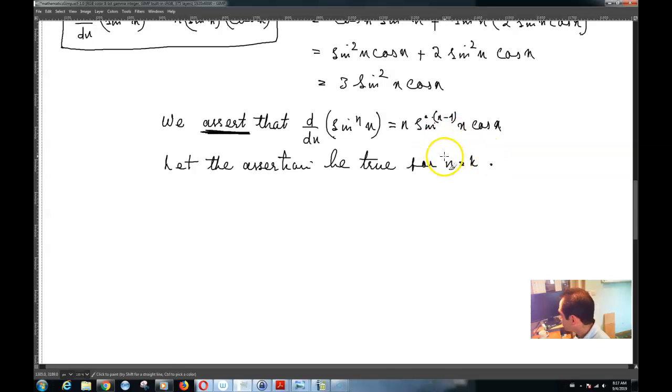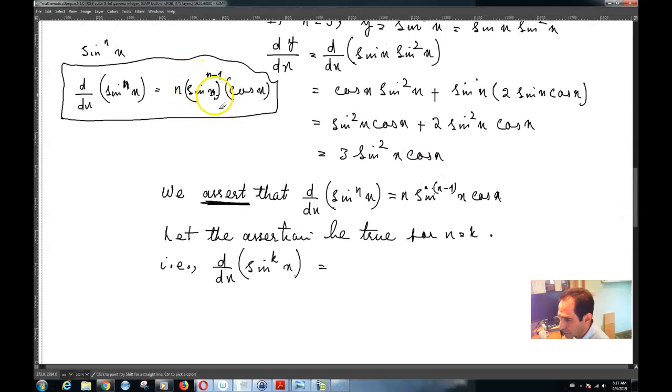And that is, d by dx of sine raised to the power k of x is equal to, over here we said that n times sine x raised to the power n minus 1 times cos x.